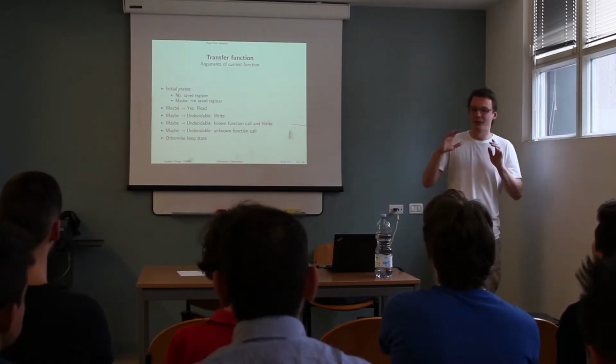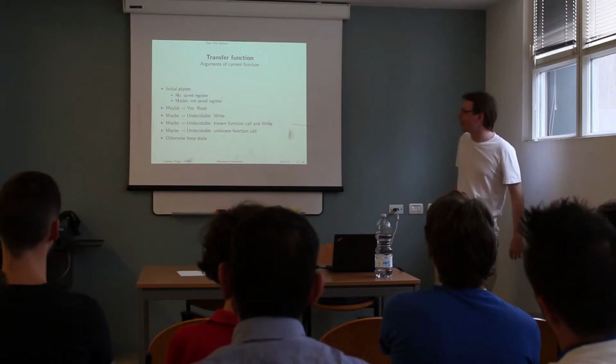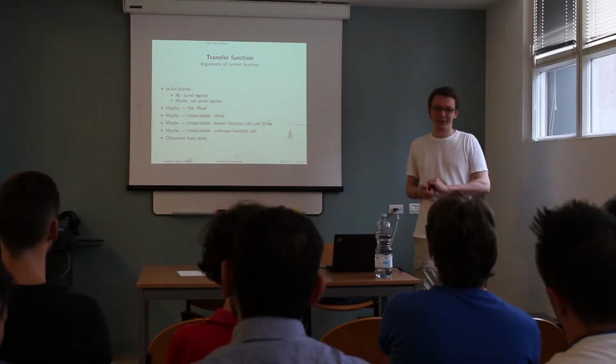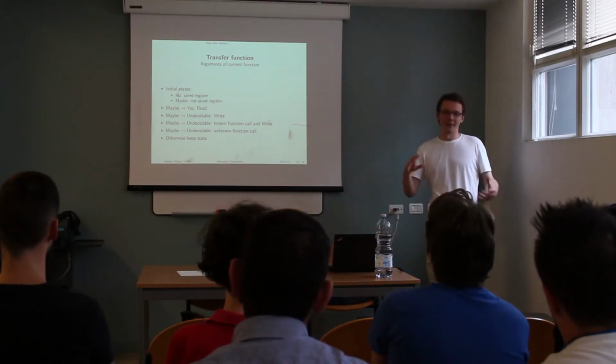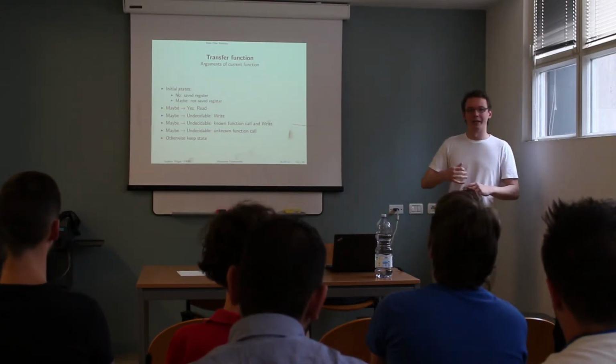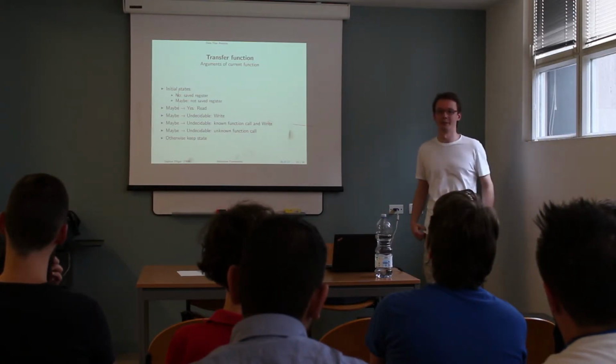So the initial state is no in the case of safe registers, and maybe you have no idea if it's not a safe register. So from that point on, you say, okay, I'm in the state of maybe, and I apply the transfer function, I get a yes if I read that variable.